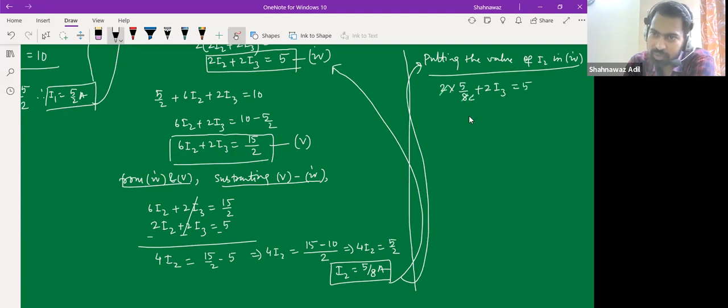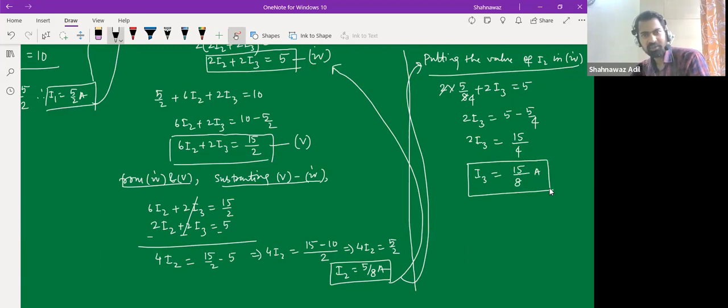This is 4, so 2I3 is 5 minus 5 by 4. I3 is how much? 20 minus 5, so 15 by 4, and then I3 is 15 by 8. So these are the answers.